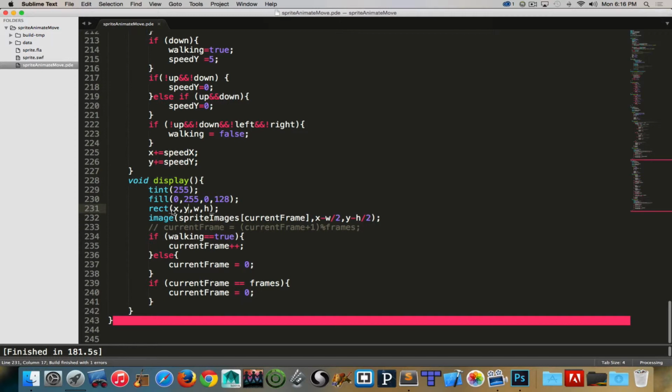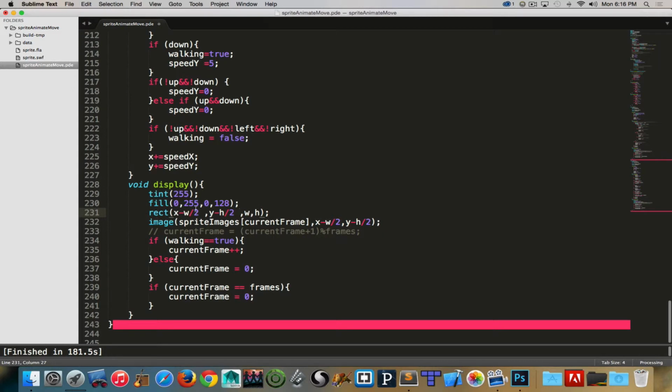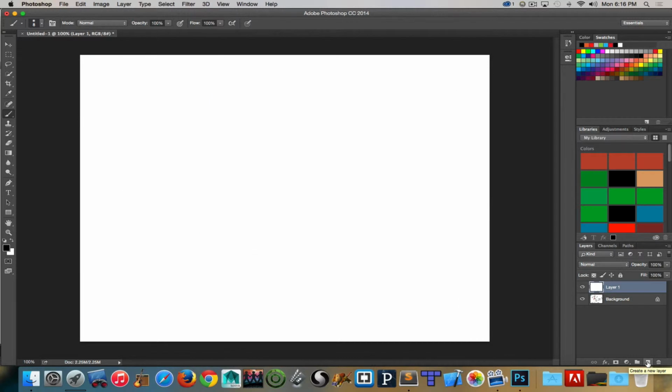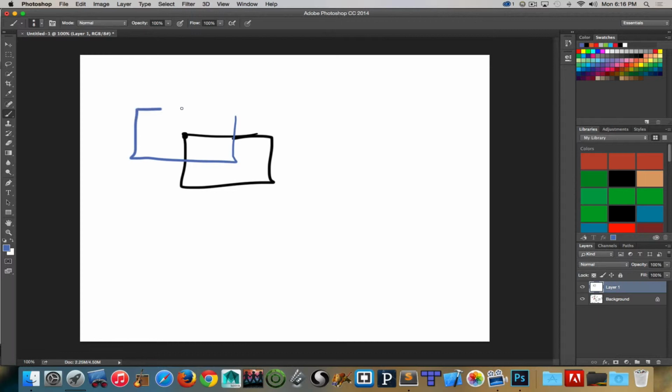That is why in the code, before I modified it here, it had some extra gobbledygook in there. It had minus half of the width, minus half of the height for drawing that rectangle the same as how we drew the sprite. So we shifted the drawing of the artwork over from that x and y coordinate. It's the same as if we have our artwork here with an x and y coordinate, and we say I want to draw the artwork.